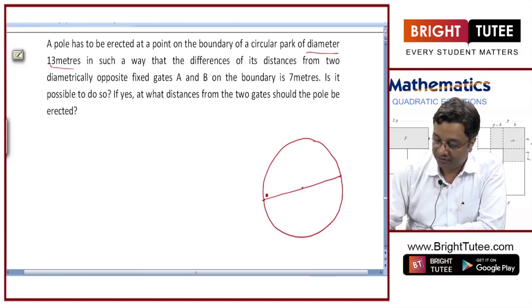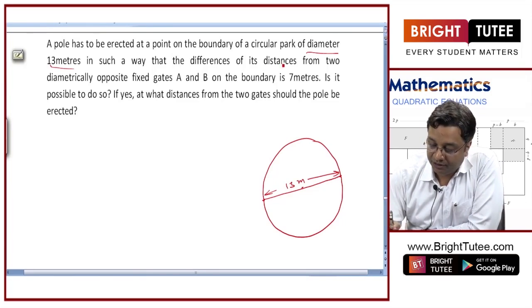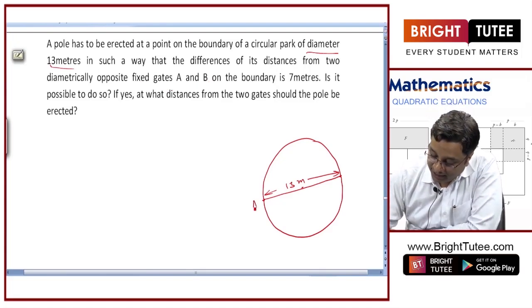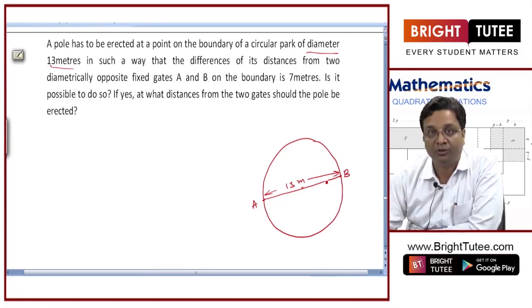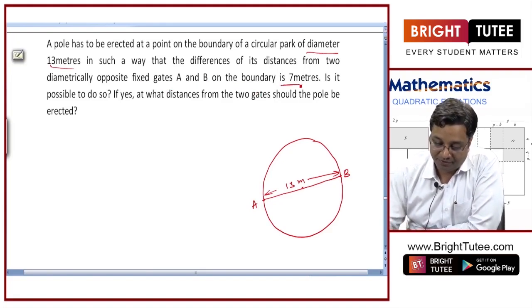This is 13 meters. In such a way that the difference of its distances from two diametrically opposite fixed gates A and B, let's say these are the gates A and B, diametrically opposite, on the boundary is 7 meters.